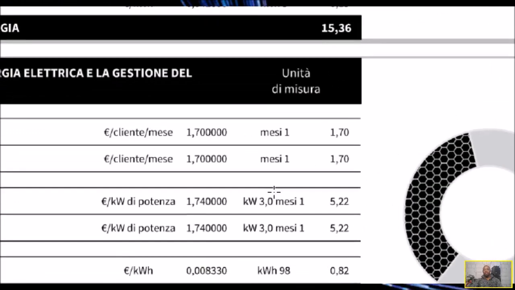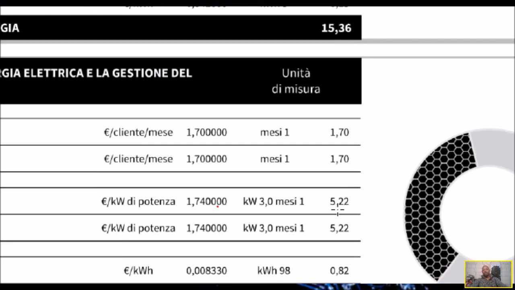Say instead of 3 kilowatts, you need 6 kilowatts. They will calculate 1.74 times 6, which will give you the price you are supposed to pay. If you use more than 3 kilowatts, you can ask for more, which is 6 kilowatts, 5 kilowatts, however you want it, you can ask for it.